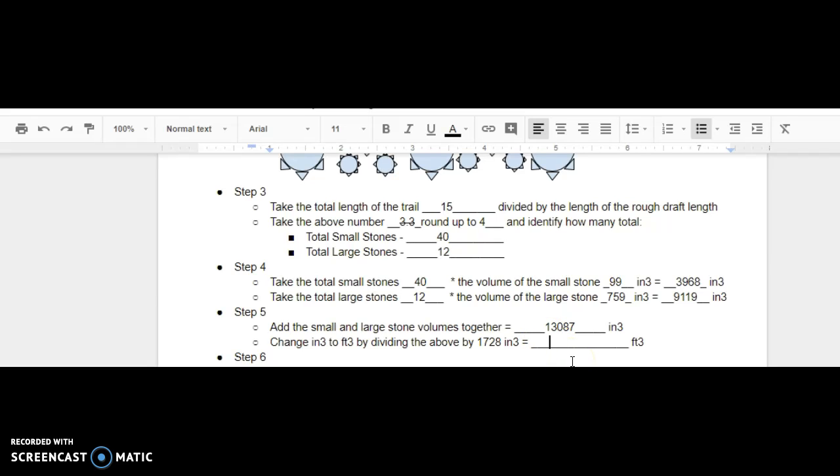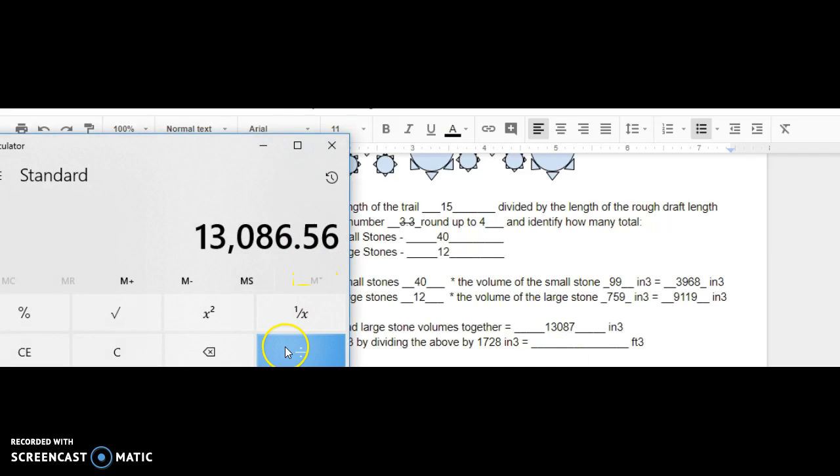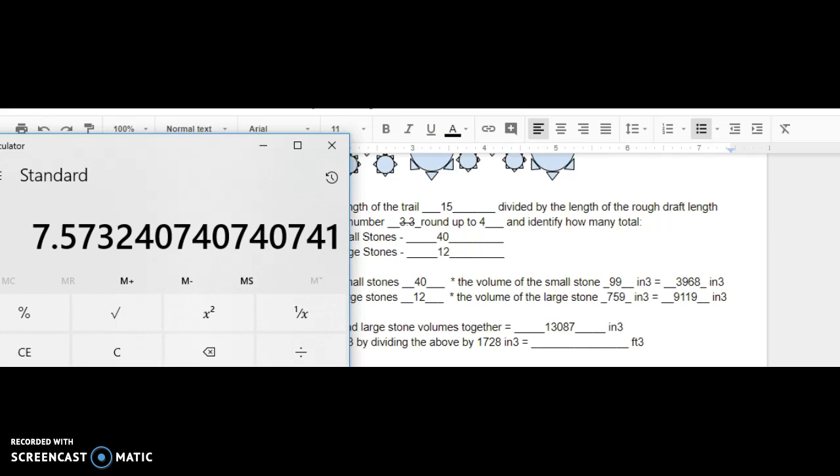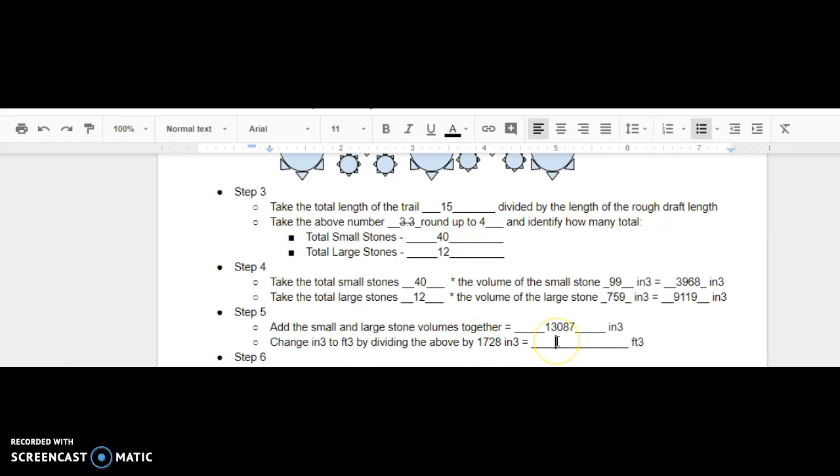Then we need to change the inches cubed into feet, so we take the 13,000 divided by 1,728, because there are 1,728 cubic inches in 1 cubic foot. We then get a total of 7.5, but we round that up.